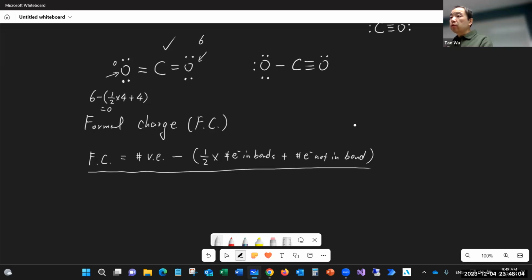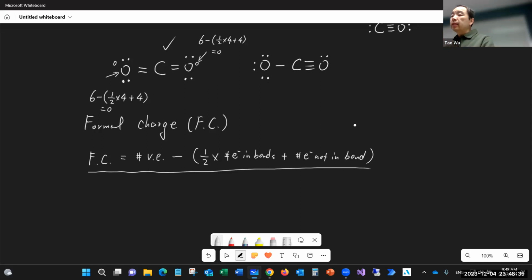So the formal charge is 6 minus 1/2 times 4, plus 4. That is 6 minus 2 plus 4, which is 0. So this oxygen also has a formal charge of 0, which is perfect. We talked about needing as many zeros as possible for the formal charge.